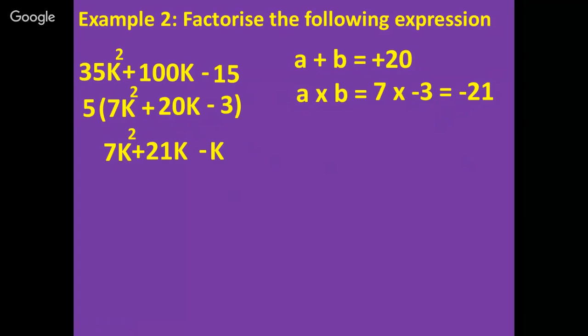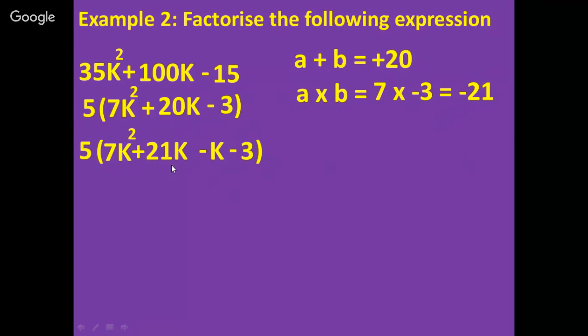That is 7k squared and minus 3. And no doubt this 5, we should not forget this 5. Now we have 4 terms, 1, 2, 3, 4.